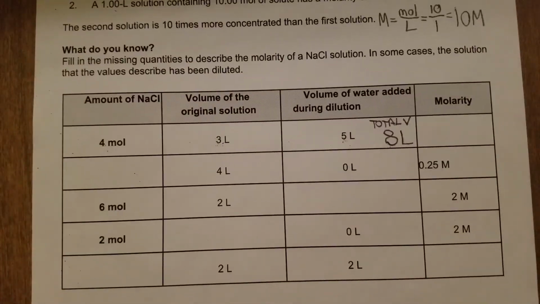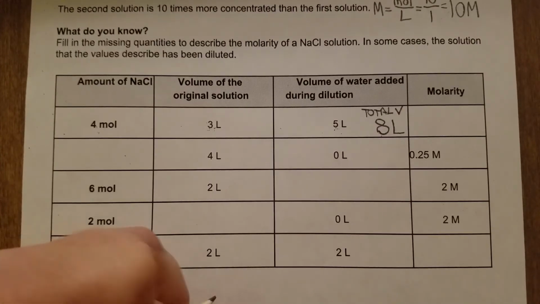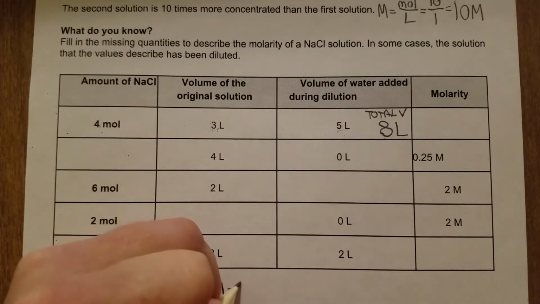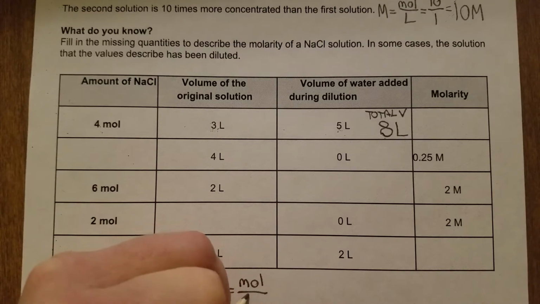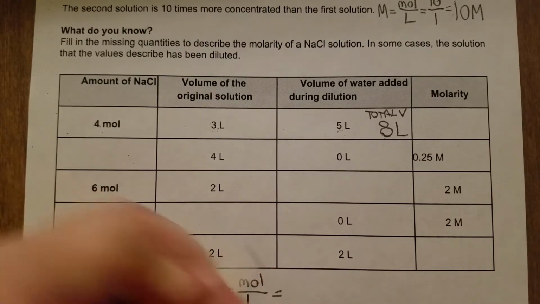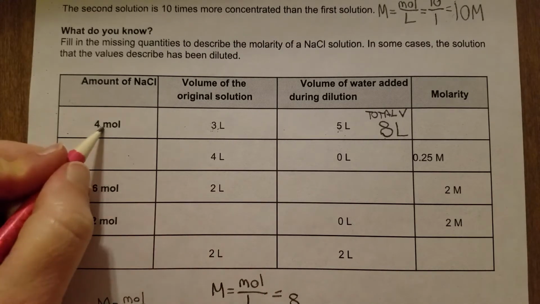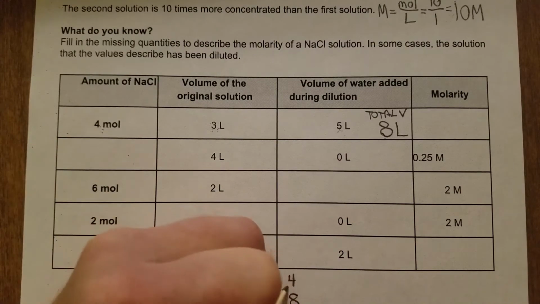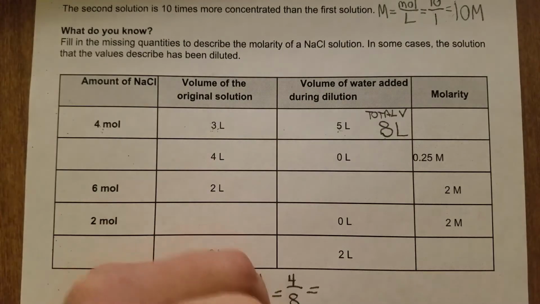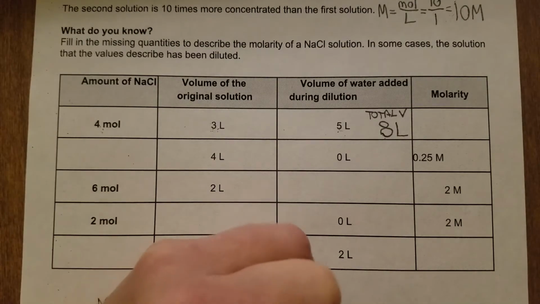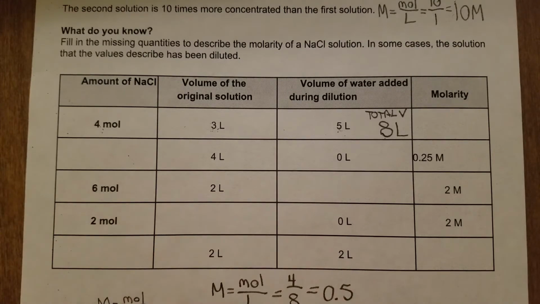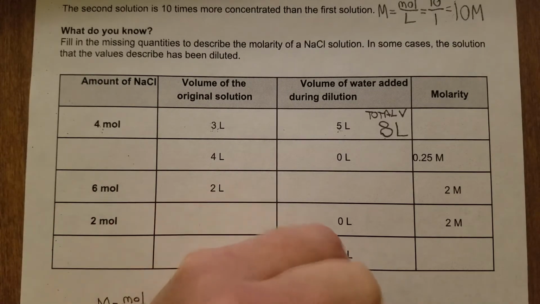Molarity equals moles per liter. There are 8 liters. There are 4 moles. 4 divided by 8 equals 0.5 molar. So this is 0.5 molar.